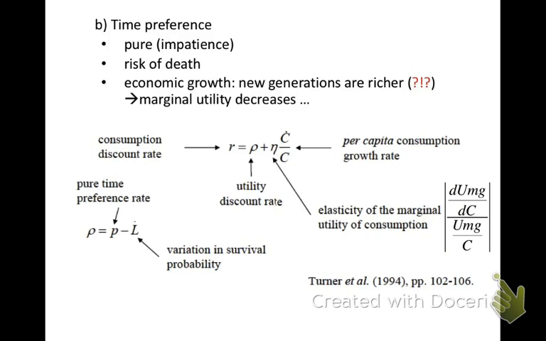Why is that? This expresses the idea of economic growth. Future generations will be richer. But if the marginal utility is decreasing, the richer I get, the less utility I get from one more dollar of income.